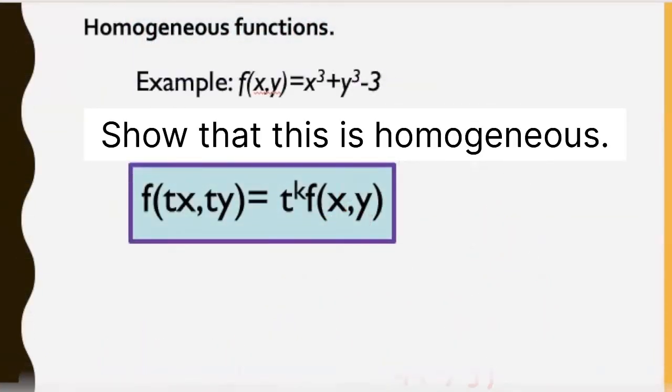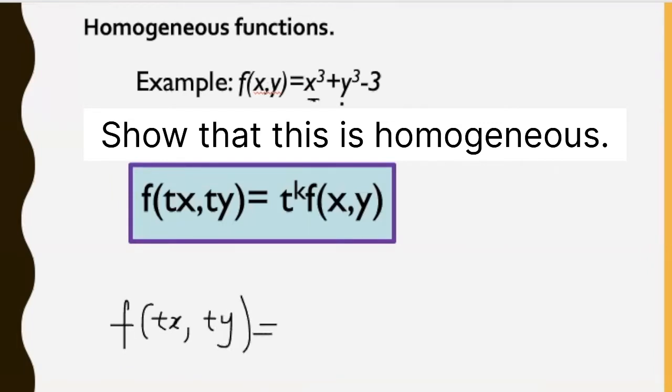Now the next question, we have f of xy equal x cubed plus y cubed minus 3. Determine if this is a homogeneous function. So once again, wherever I see x and y, I will be replacing x with tx, and I'll be replacing y with ty.